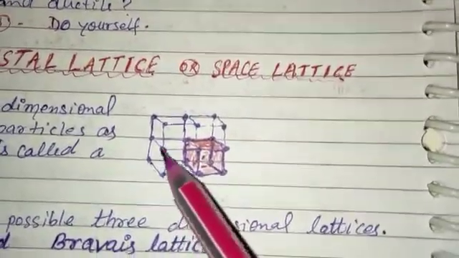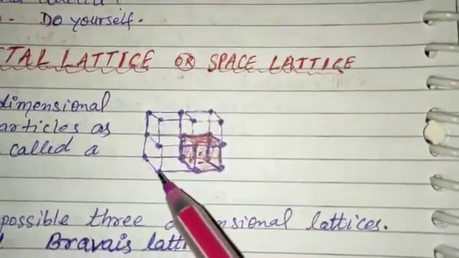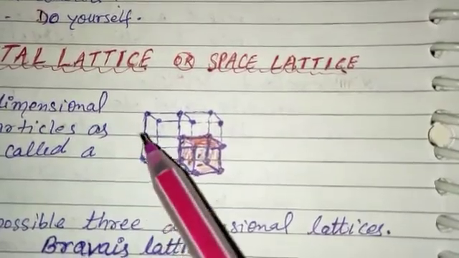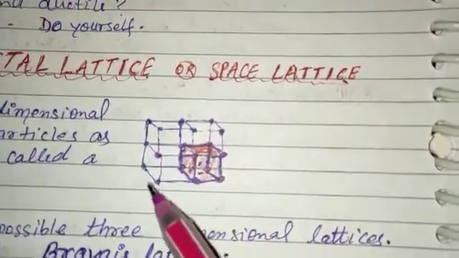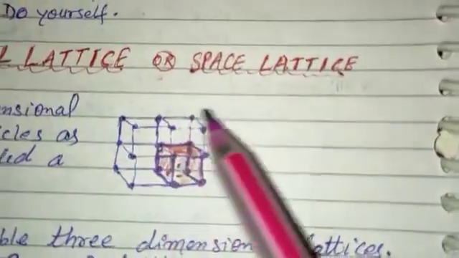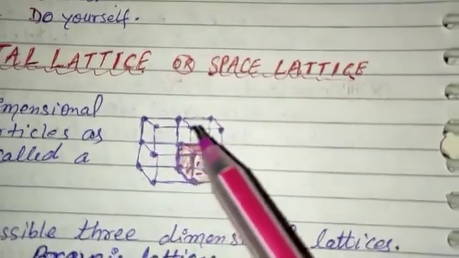Dear students, in this crystal lattice you can see the points which are joined by straight lines and generate a three-dimensional network. This is called the crystal lattice.